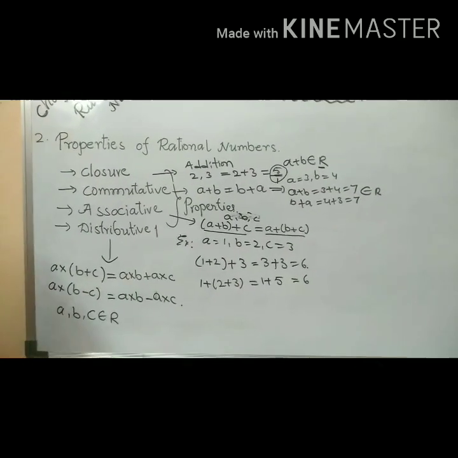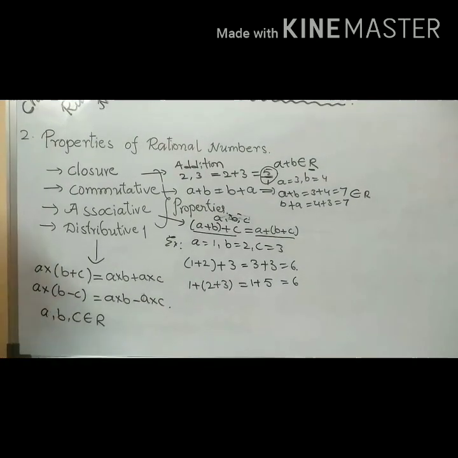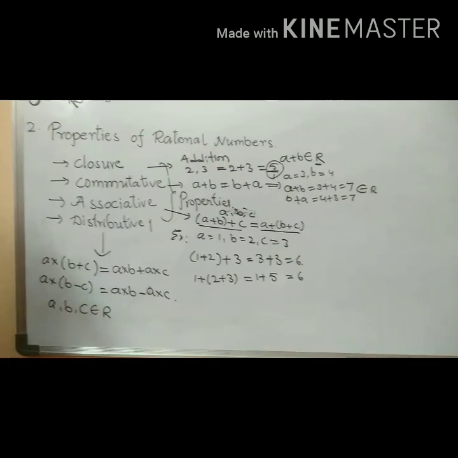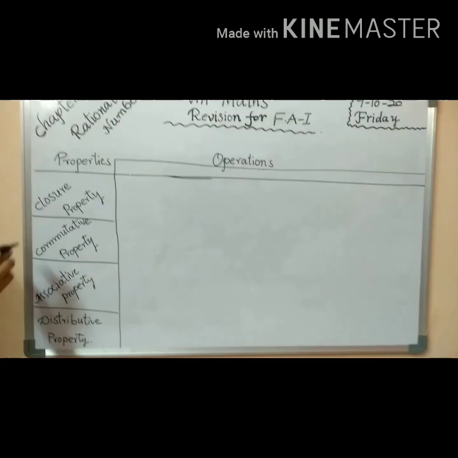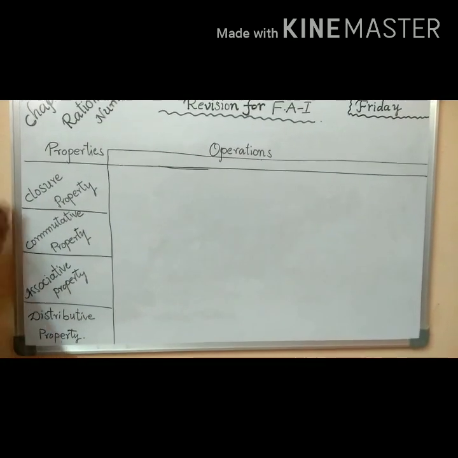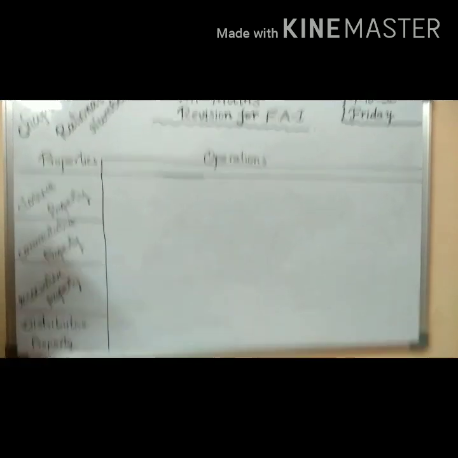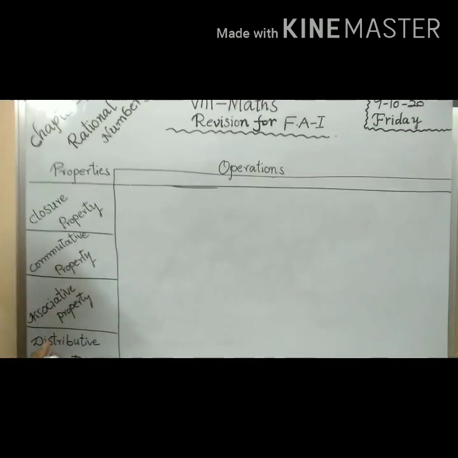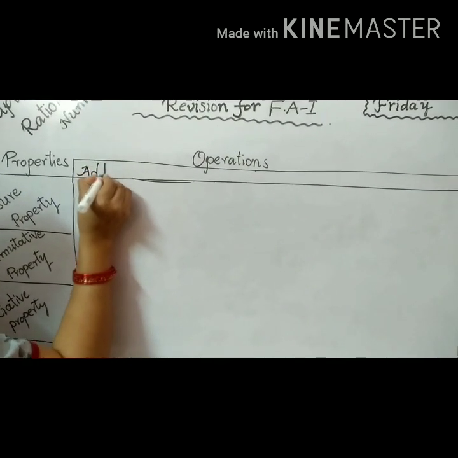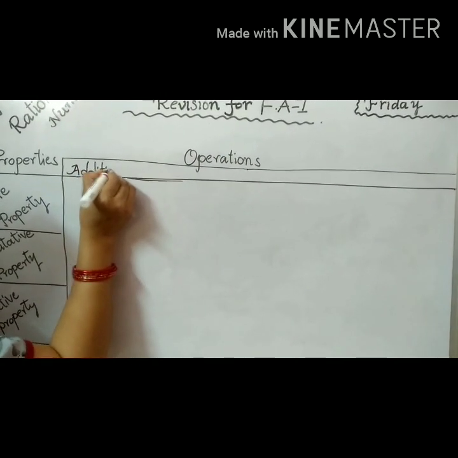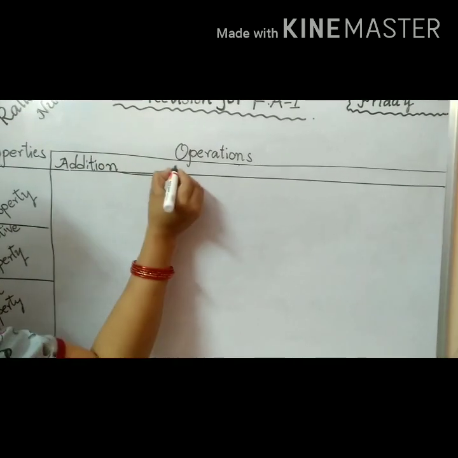Now draw the table and explain the properties. So in this table, properties and operations. What are the operations? The first one is addition.